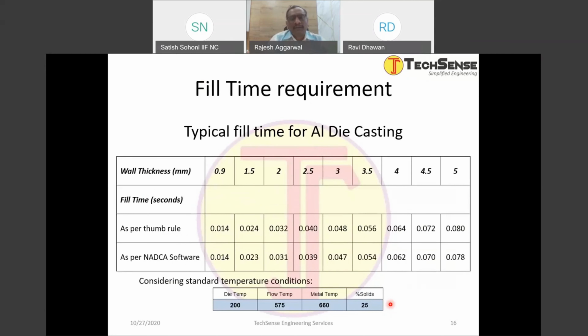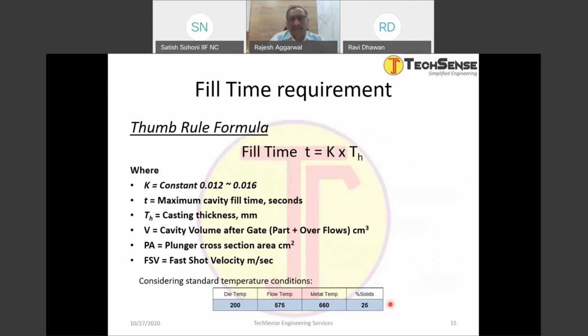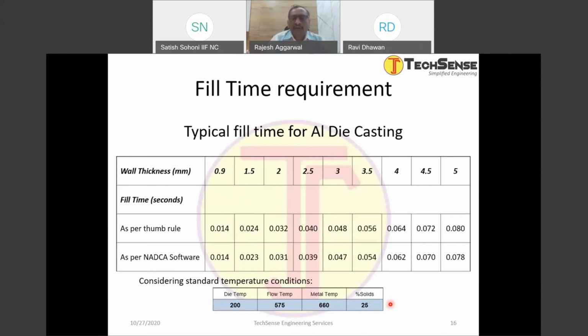What we are trying to see in this slide, with this assumption of the thumb rule formula, is to match this formula with the NADCA formula. There is not much of a difference. If you see the fill time as per the NADCA software formula and the thumb rule formula, it is almost more or less on the same lines for the different casting thicknesses.